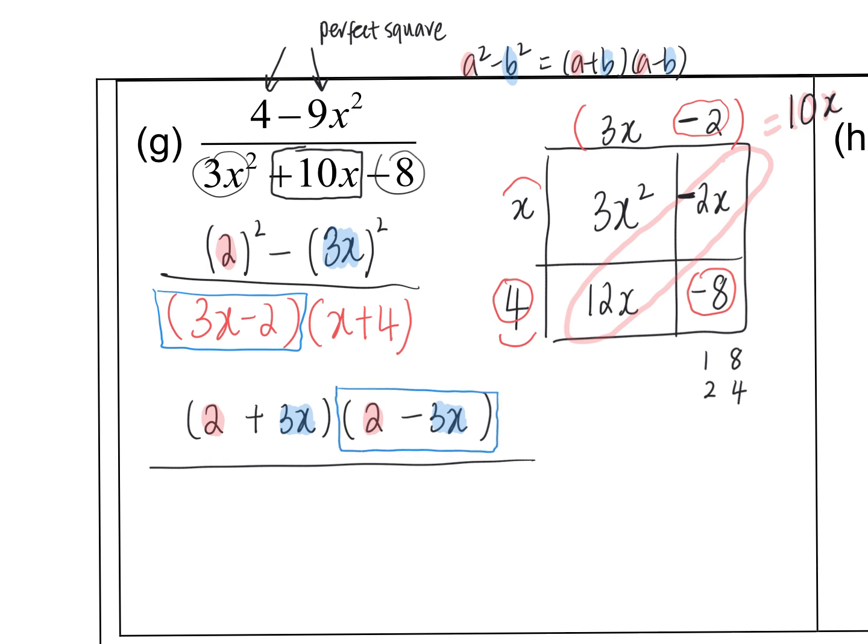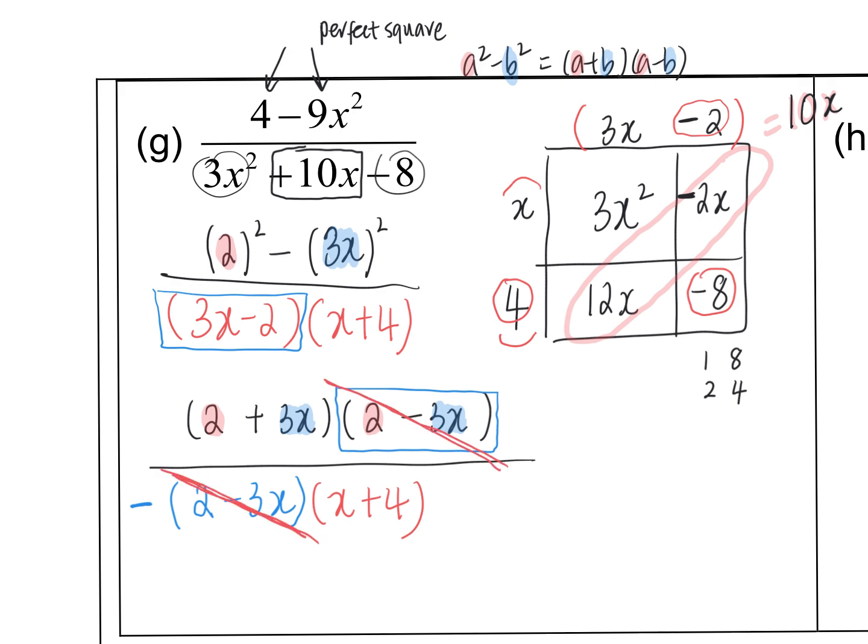So your suspicion is I need to swap. What you can do is swap one of the numbers. Maybe I swap the one below, I put a negative in front, then I change this to 2 minus 3x. x plus 4, no change. So now they are exactly the same. I can cross them out already.